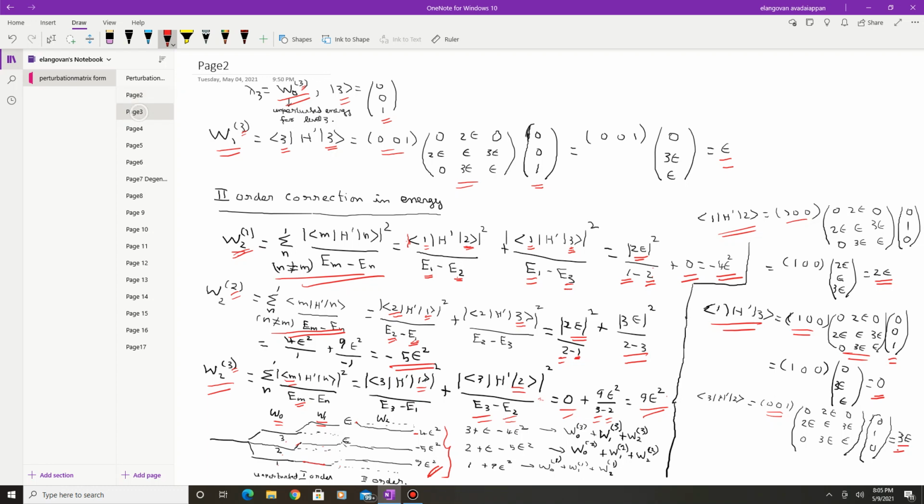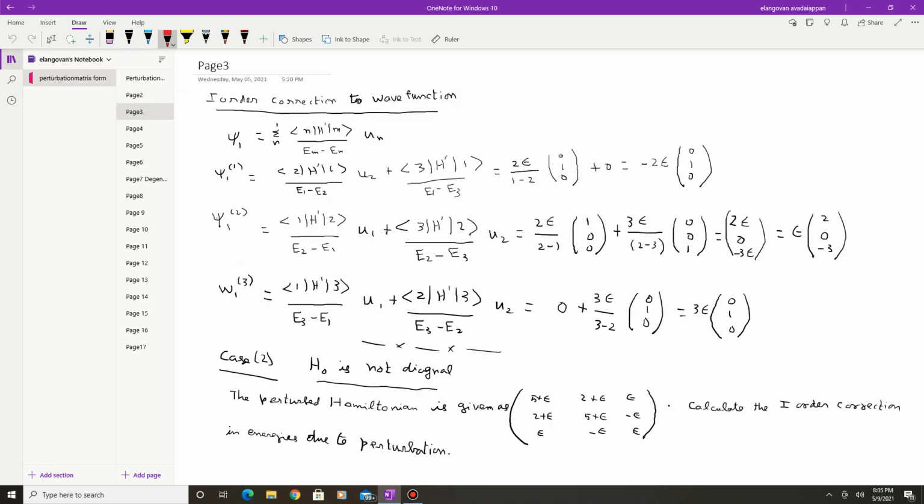Next, we are choosing a problem. So far we have calculated the energies for the same problem. Let us calculate the correction to the wave function. That is also important. So the correction to first order is given by this expression.